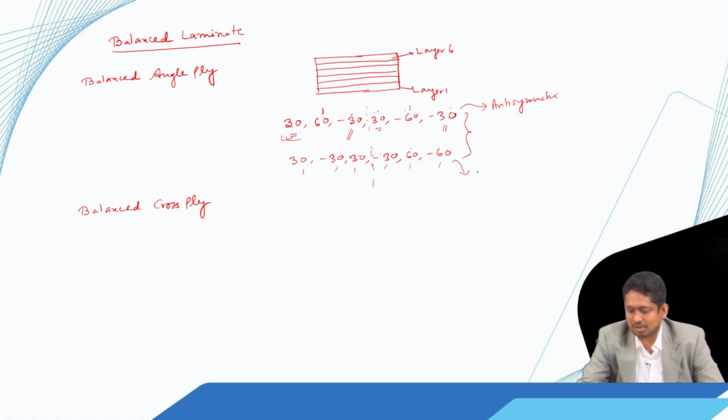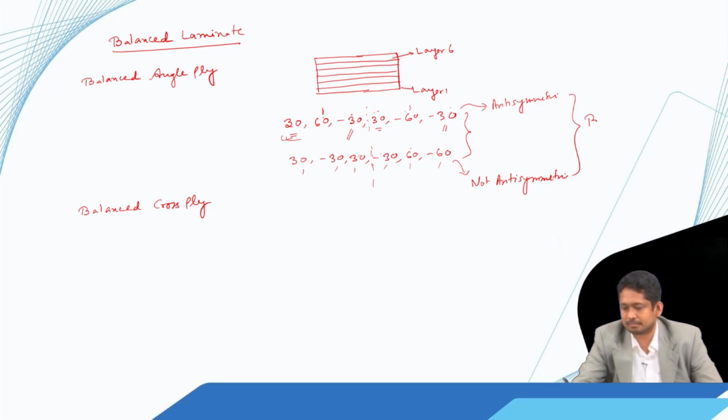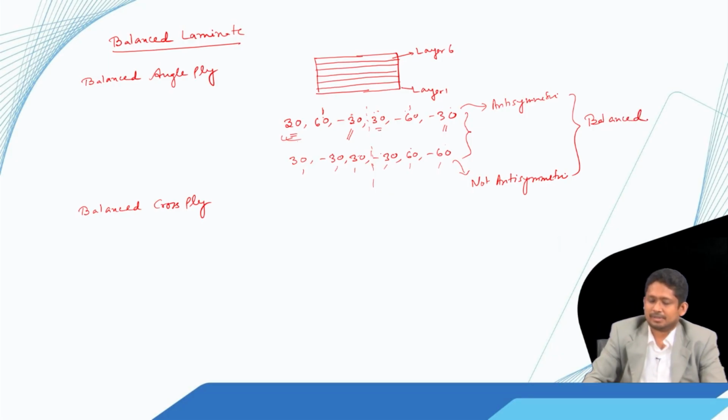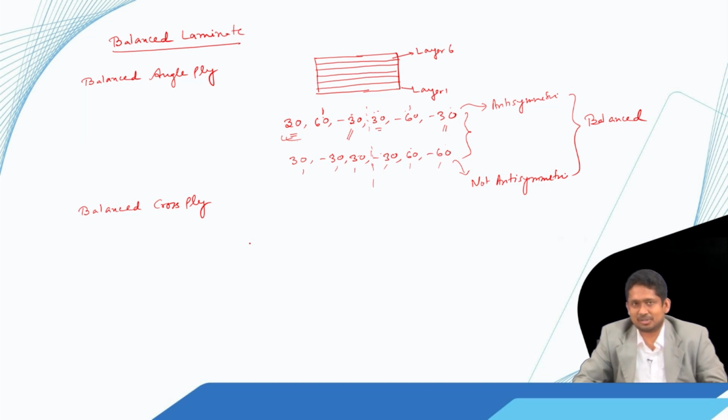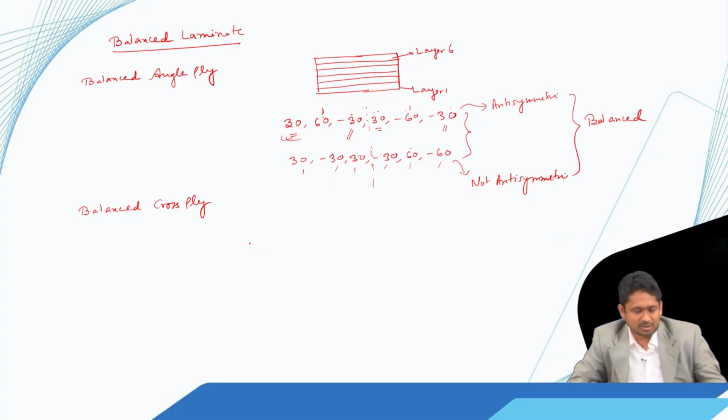So, this is not antisymmetric, but both are balanced. So, a balanced laminate does not have to be antisymmetric always, but on the contrary an antisymmetric laminate is always balanced. So, these are various types of laminates that we can go for depending on the sequencing.